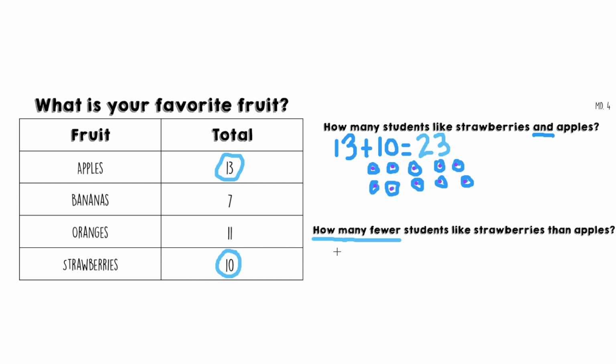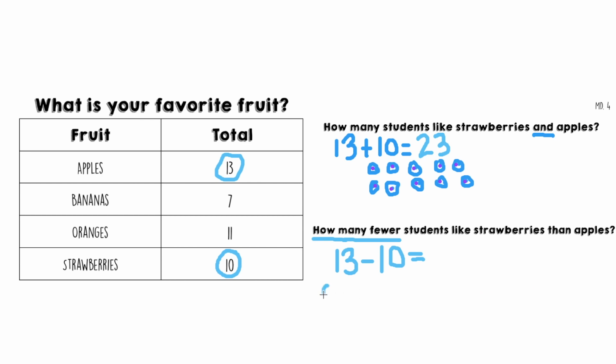That's right, we start with 13. So, we are going to write 13 minus 10 equals. Now, remember, since we're finding how many fewer students like strawberries than apples and we're subtracting, we're going to start with 13 circles first.